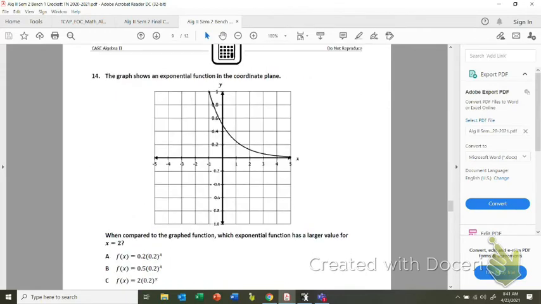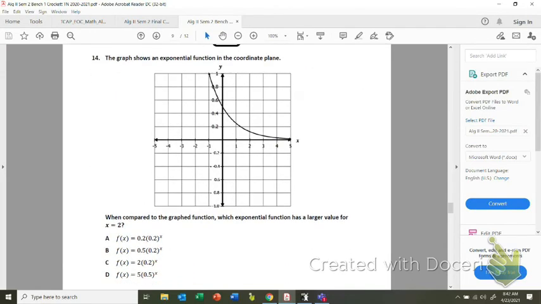All right, number 14. Easy way or hard way? Easy way, right? All right, so that graph doesn't really help you. Let's just read the problem. When compared to the graphed function, so you're comparing it, which exponential function has a larger value for x equals 2?